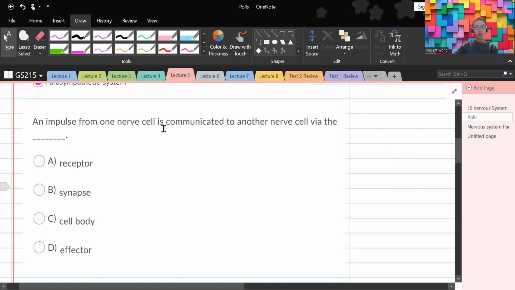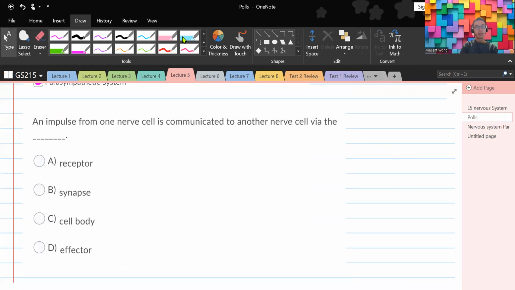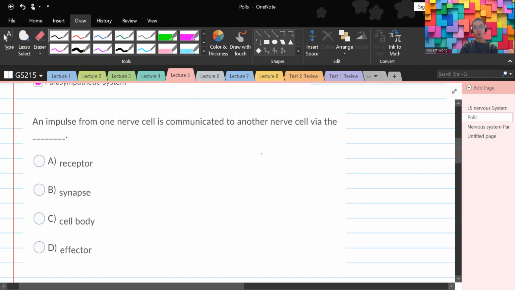An impulse from one nerve cell is communicated to another via the... I don't think I've mentioned it today yet. It's certainly in the lecture recordings, but I'm just going to tell you the answer. There is the neuron, and that's the axon terminal, and then you're going to have another neuron.